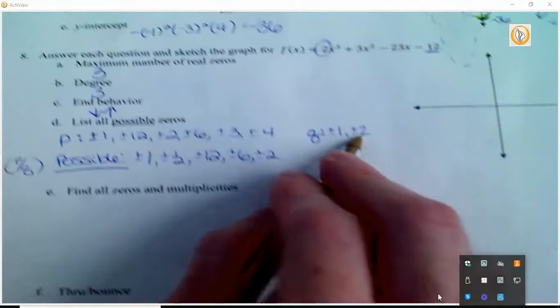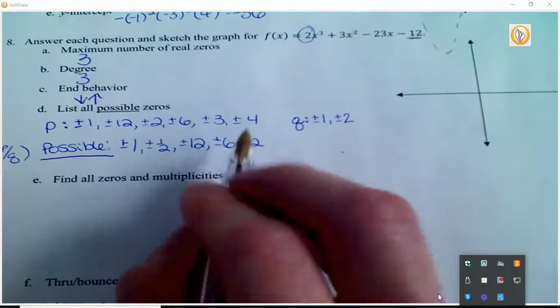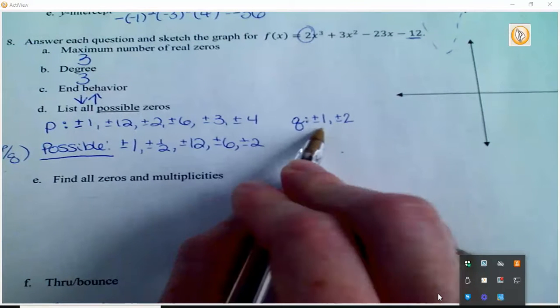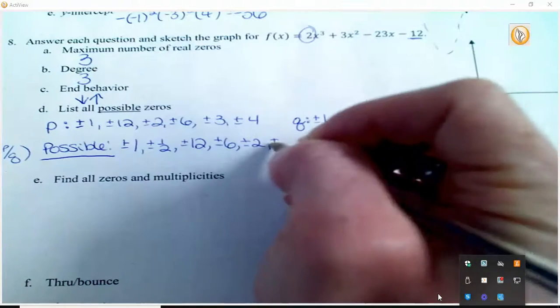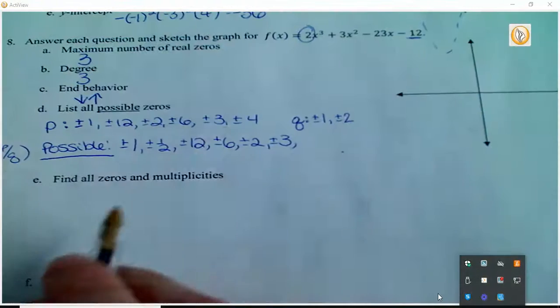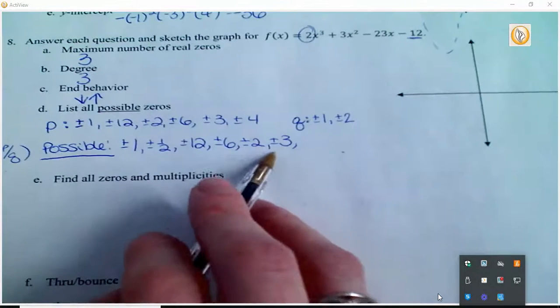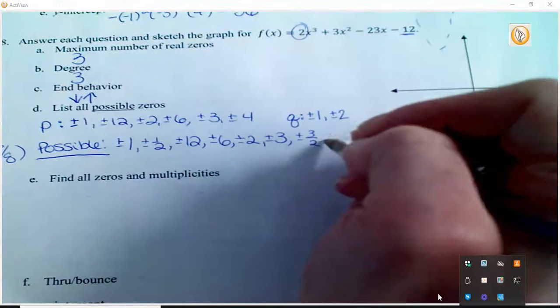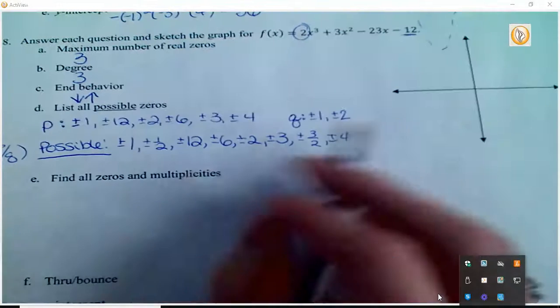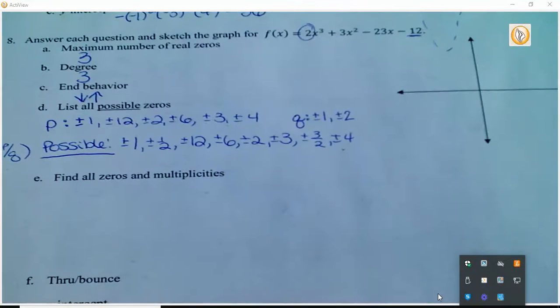I already have that on my list, so I don't have to write it again. 6 over 1 is 6. I already have that. 6 over 2 is 3. 3 over 1 is 3. We've got that. 3 over 2. 4 over 1 is 4. And 4 over 2 is 2, which I already have.